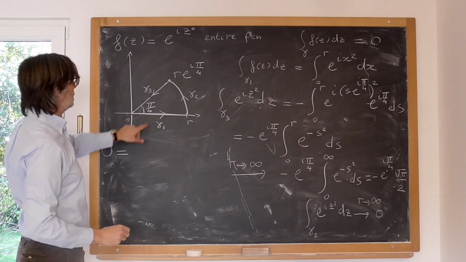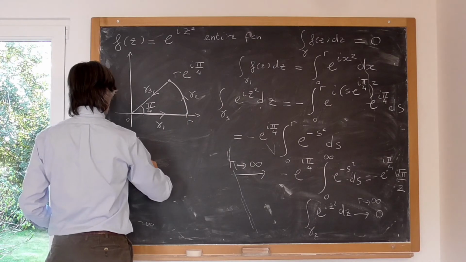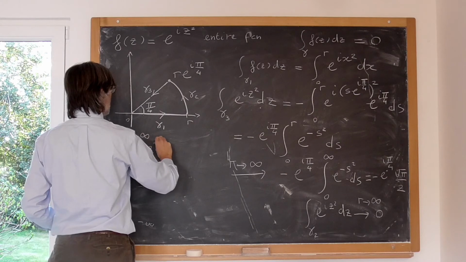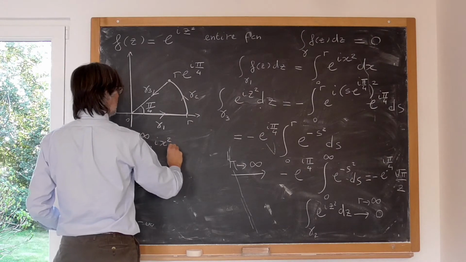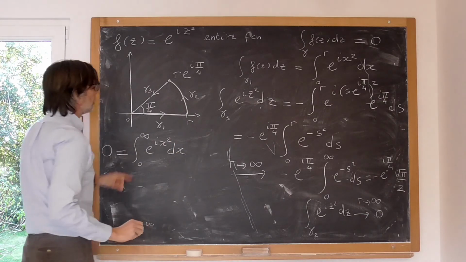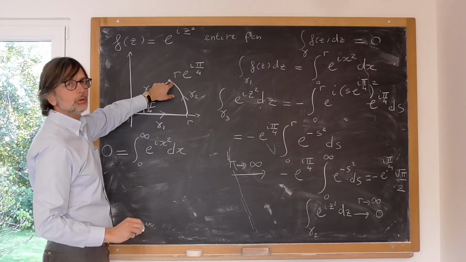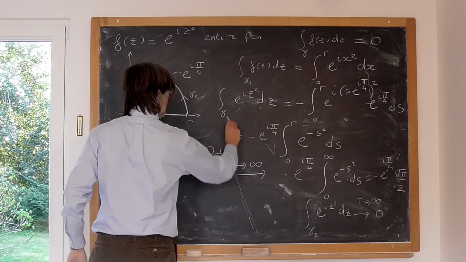So 0 is the limit of this integral, which we said is the integral we're interested in, from 0 to plus infinity of e to the i x squared dx. Then we have another term, but this goes to 0, so the other limit is plus 0.